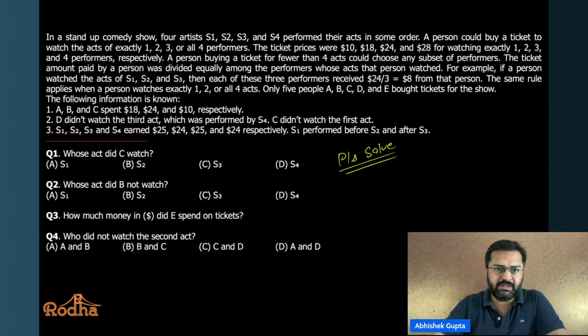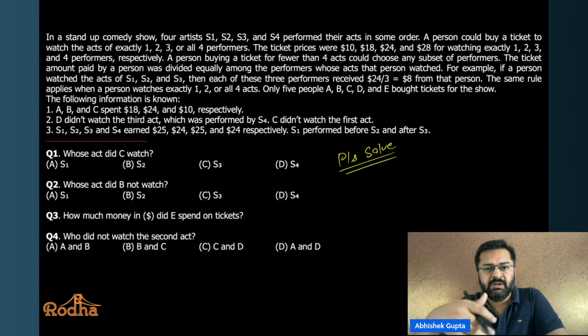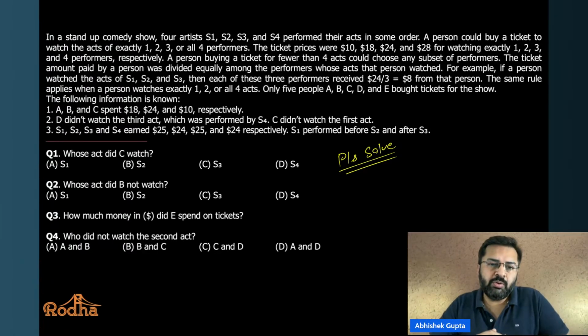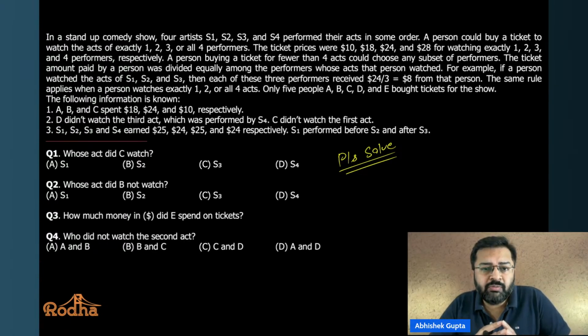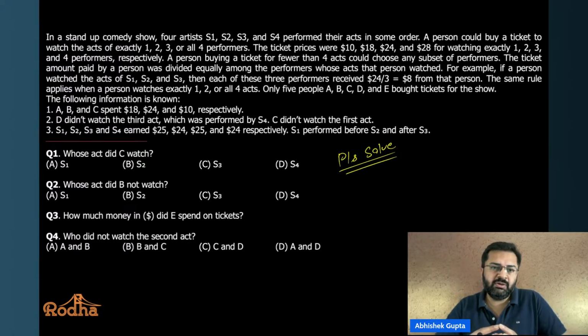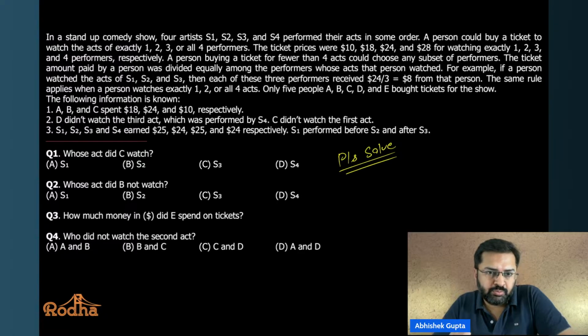Okay, which last line? Just a minute. Look, these are four performers, right? S1, S2, S3, S4. So whatever order it was, we don't know the strict order, but S1 performed before S2 at some point, before S2 and after S3. So the relative order of S1, S2, S3 would be S3, S1, S2, right?